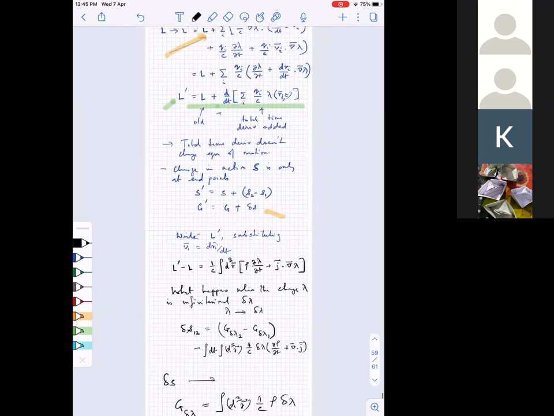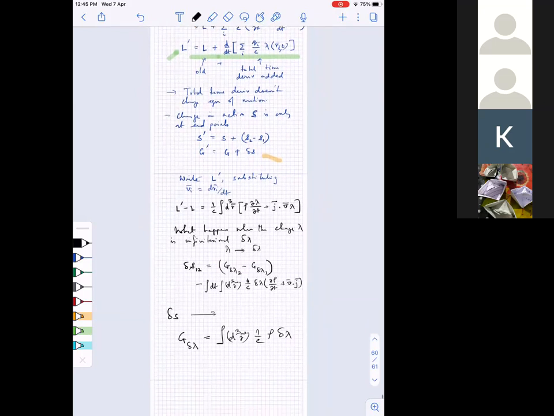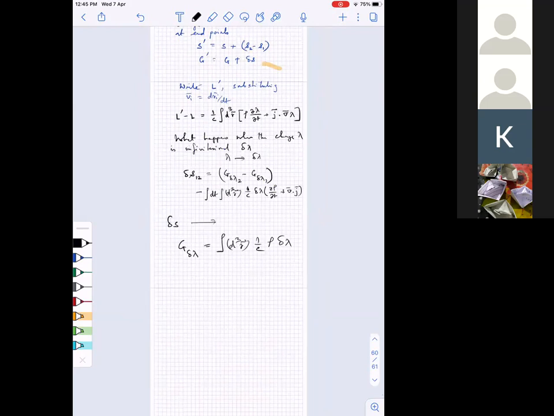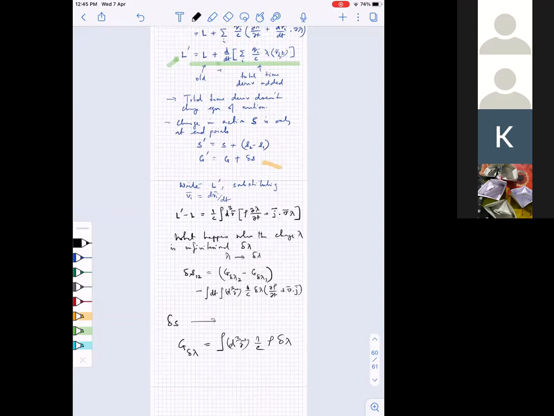Again, look at this equation, the green underlined equation, and this equation over here. Now look at this equation.